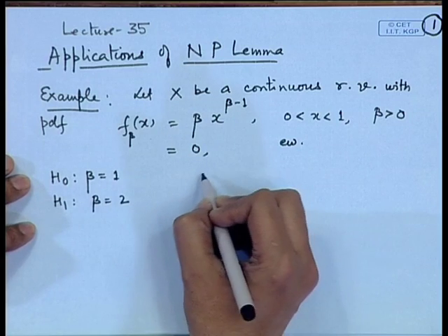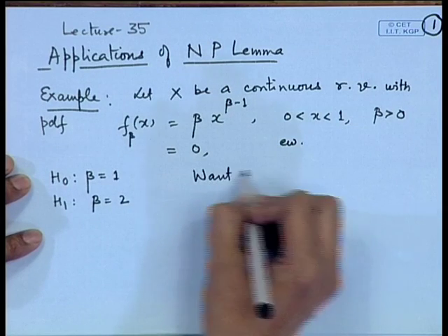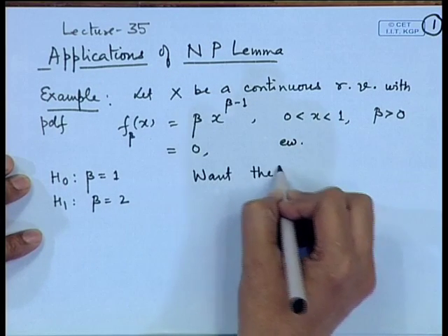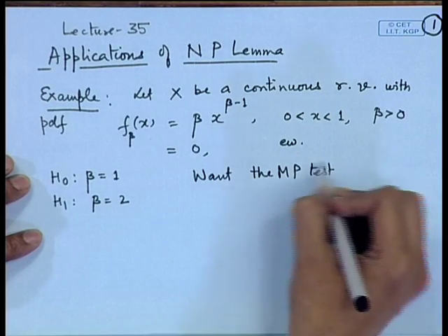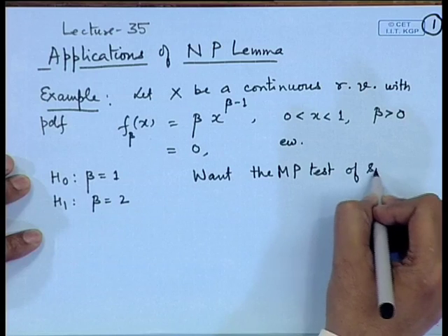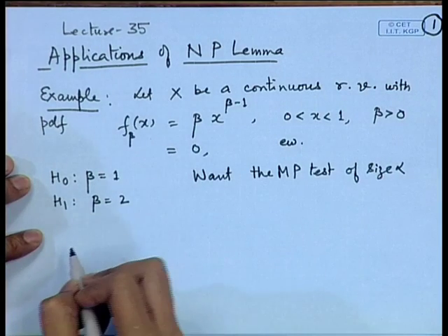If we want the most powerful test, then we can make use of the Neyman Pearson lemma. So, we want the most powerful test of size, say, alpha or level alpha.